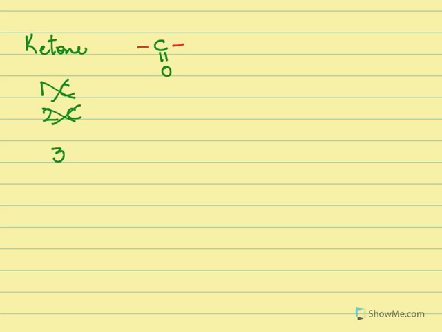We start straight away from 3 carbon ketone. So we have 3 carbon ketone, this is the ketonic group, and we attach the carbons. So CH3 on the side, CH3 on the side. It's 3 carbon, so propane. You take away the E and you put O-N-E, propanone.